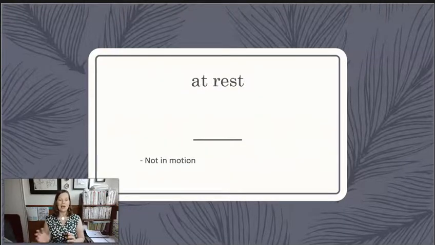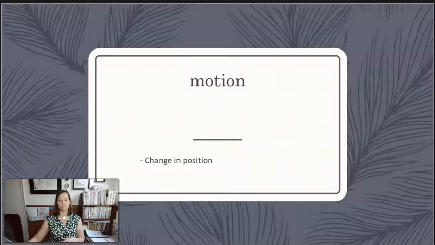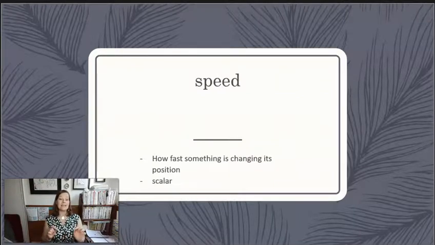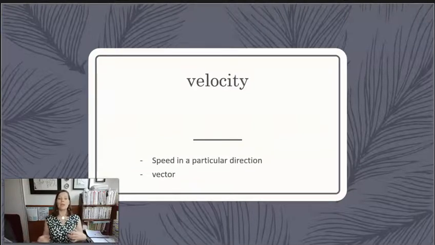Yay. All right, at rest, not motion. Motion is a change in position. So if something is moving, it's changing its position. Speed is how fast something is changing its position, and it is a scalar quantity. That means that it is a quantity with a magnitude only, right? So 5 kilometers per hour. That is the number, but you don't know where it's going, and that's the difference between speed and velocity.